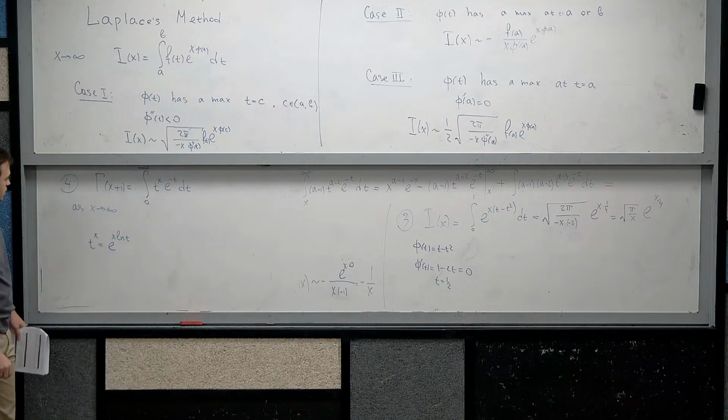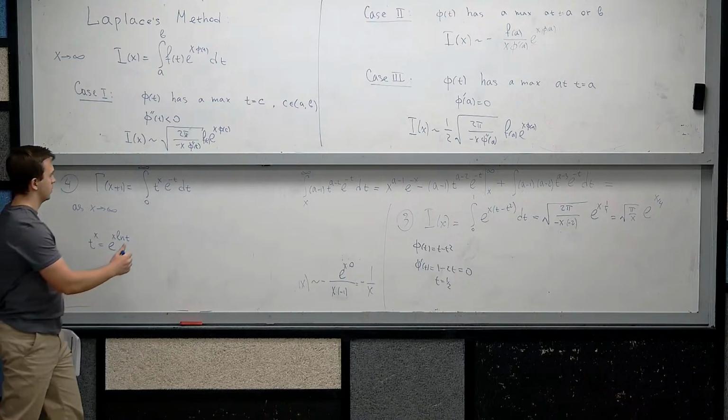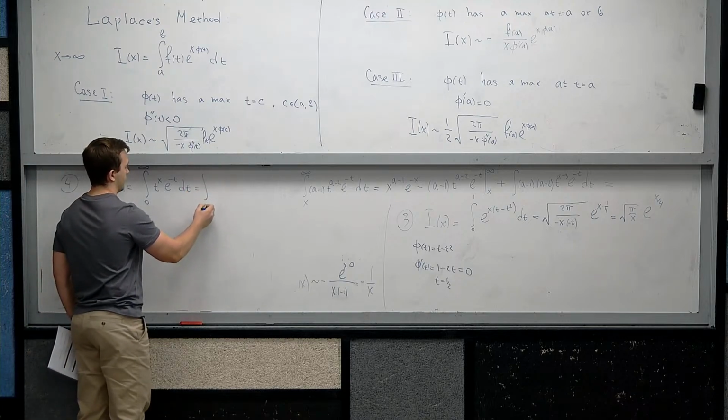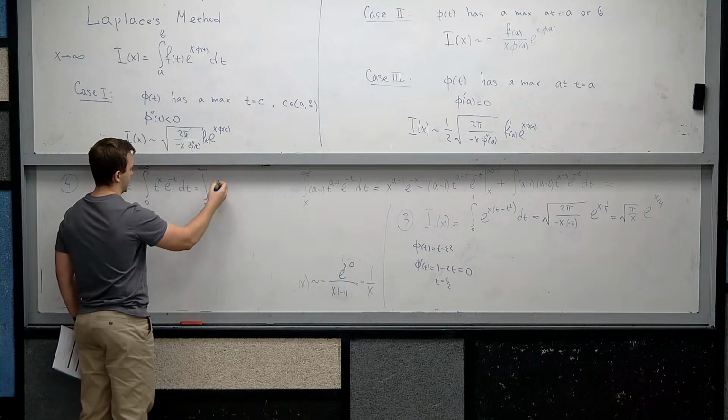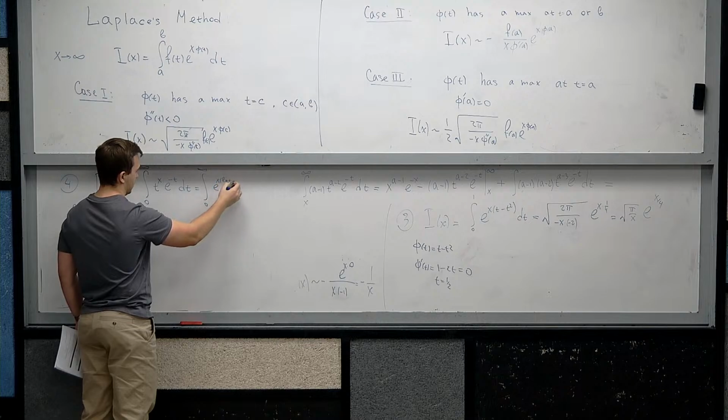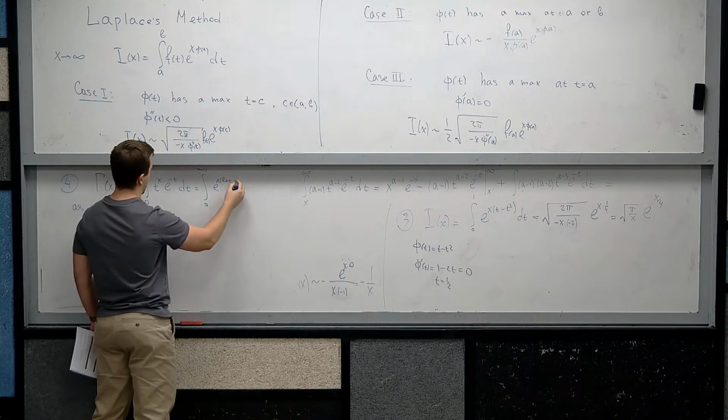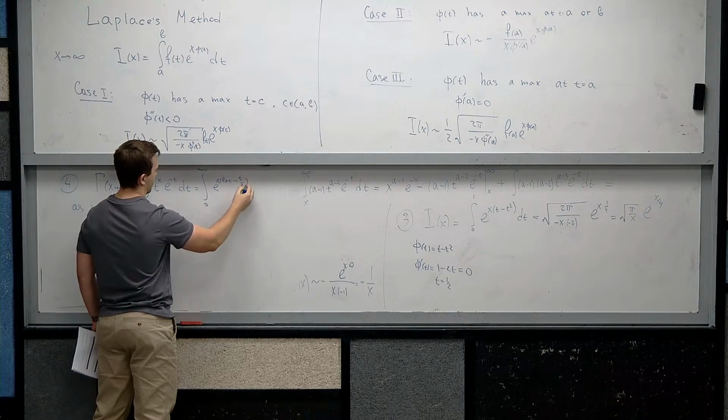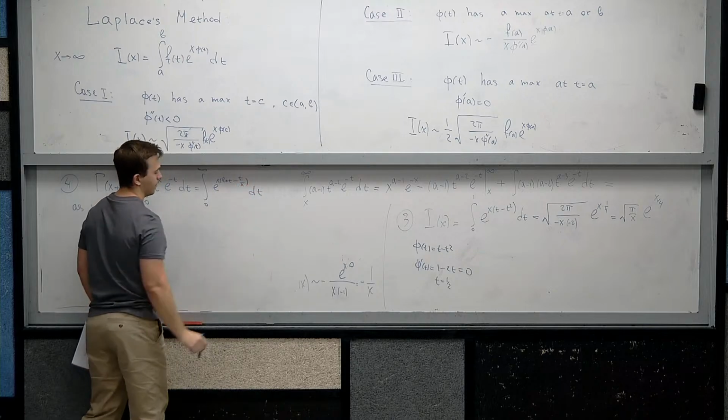And then in the integral, we'll have e^(x ln t - t) over x dt.